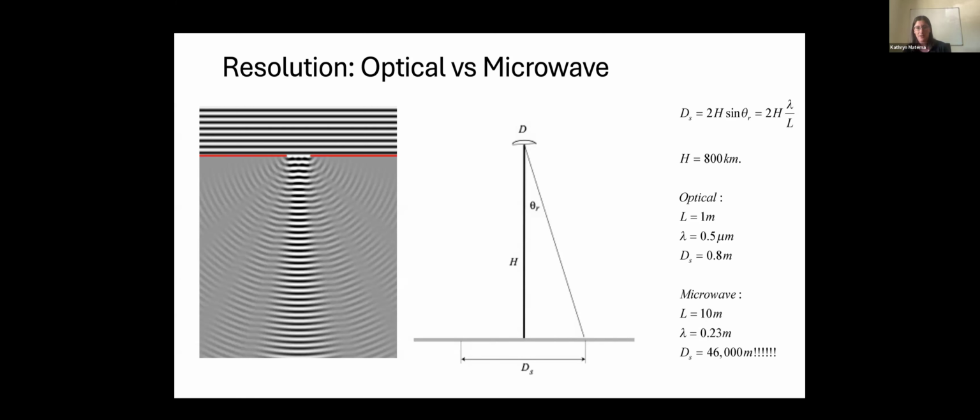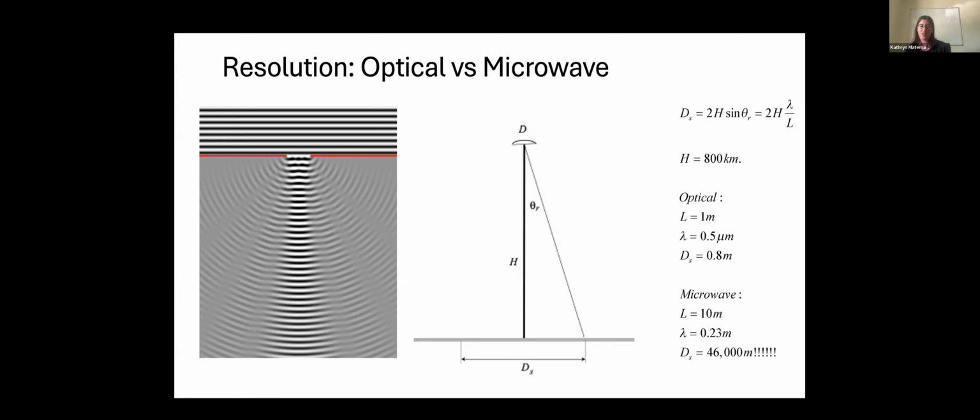That's the size of 1 pixel, and that is not good for any sort of sensing that we want to do. If 1 pixel was 46 kilometers by 46 kilometers, there's very little imaging we could do. And that's simply because the wavelength is large compared to the antenna. So how synthetic aperture radar gets around this is a bit of a trick that I'll introduce in the next few slides.